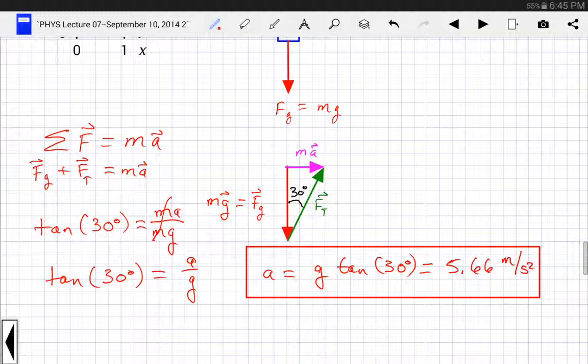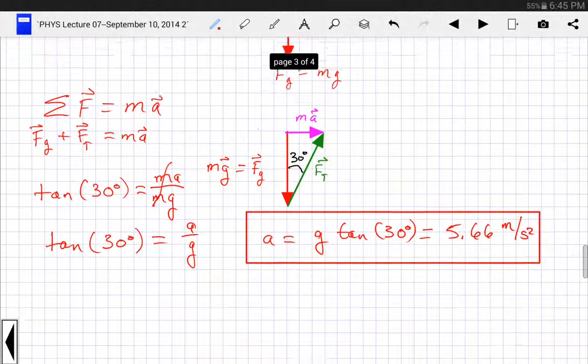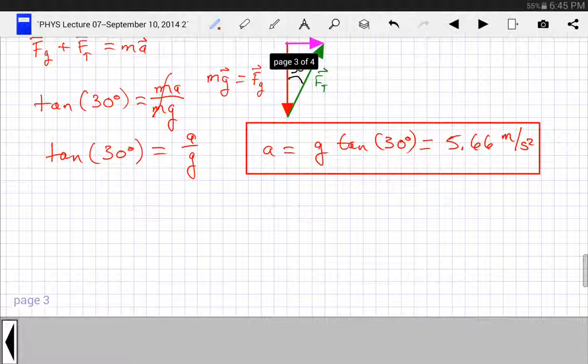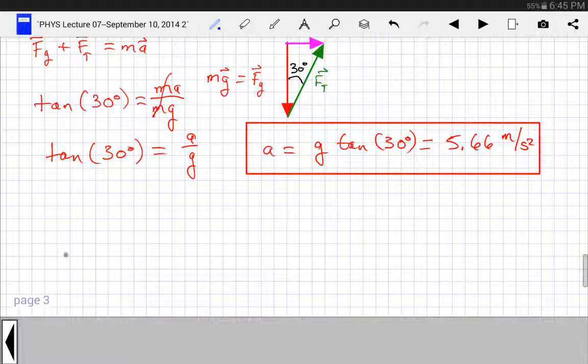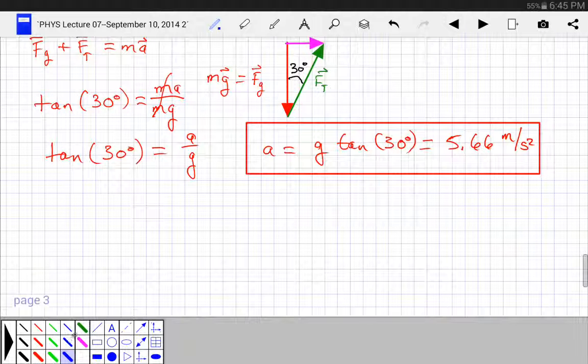Now some may say, okay, you showed it graphically. What if I wanted to just brute force my way through this? What if I wanted to break it into components? Well, if I want to break into components, then what I'm going to have to do is take my force of tension vector, which is green, and then show my components.